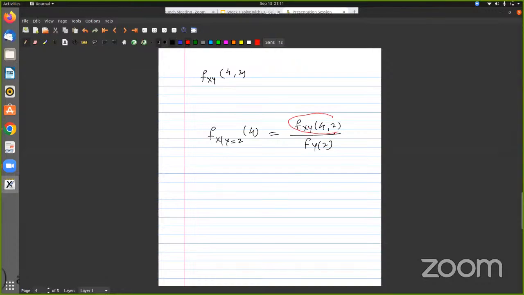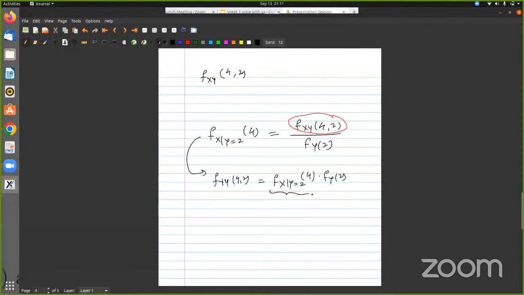So this numerator, I can write in terms of this. Can I write like this? Fxy of 4 comma 2 equals fx given y equals 2 of 4 into Fy of 2. That is fine.